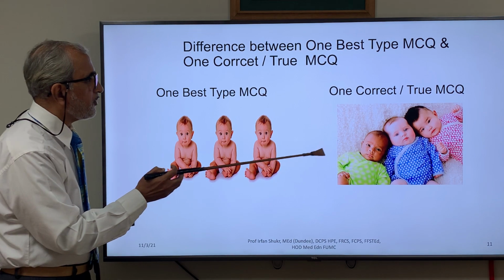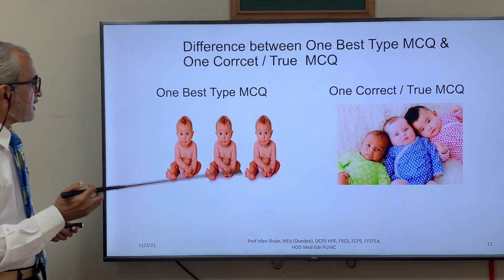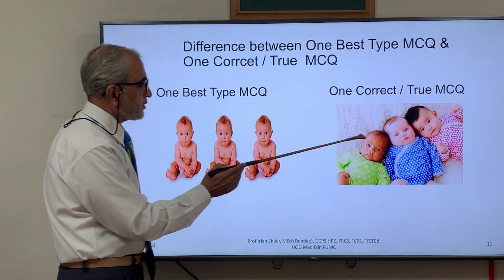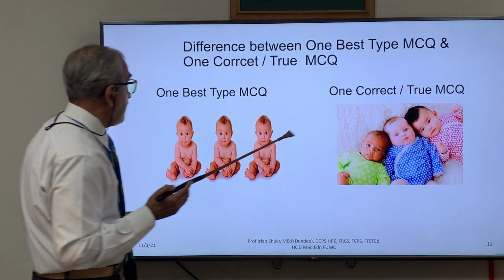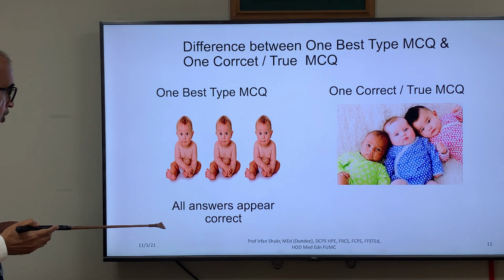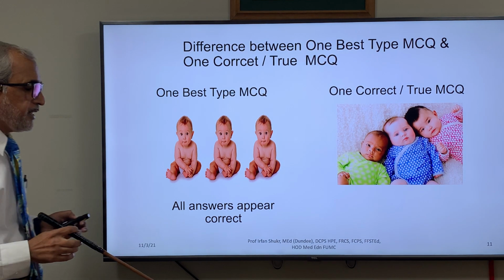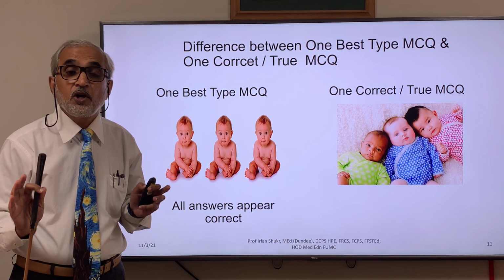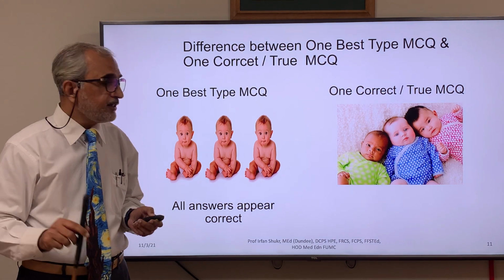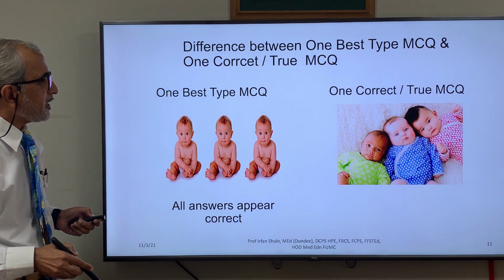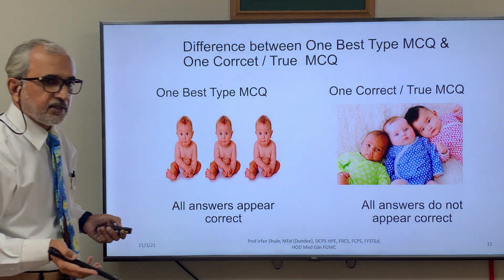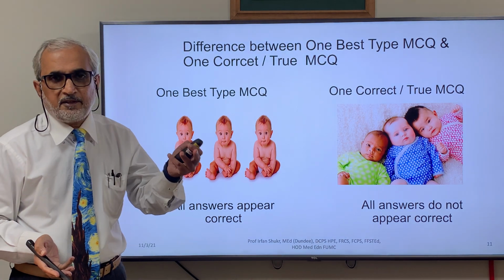This is one correct true MCQ, because let us say these are options A, B and C. In one best type MCQ, all answers appear to be correct. In one correct true MCQ, all answers do not appear to be correct. One appears to be correct.